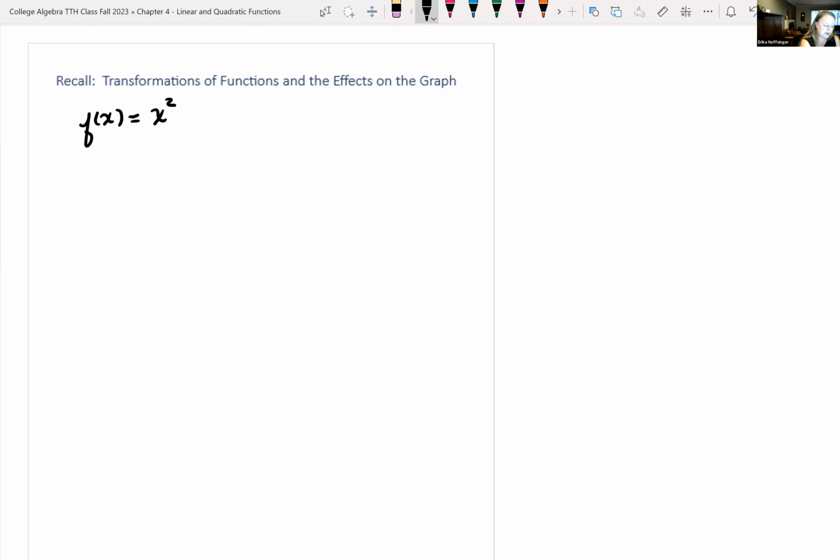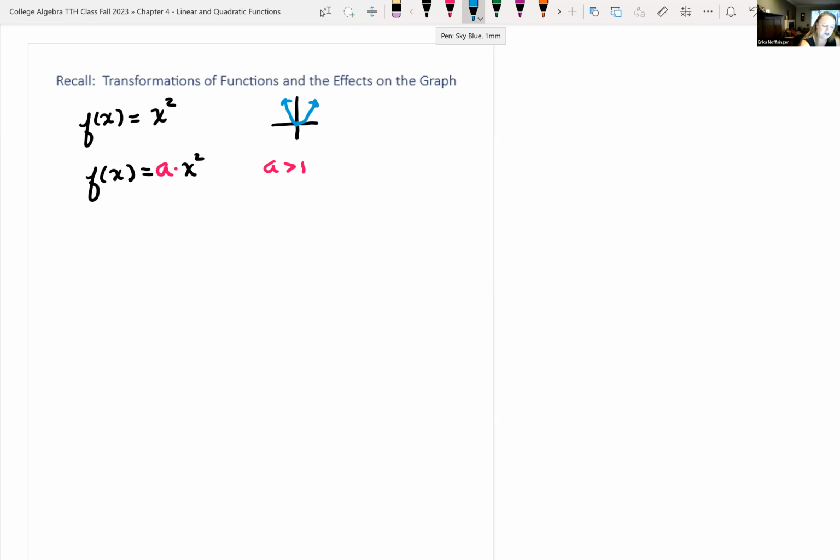For instance, if f of x was equal to a times x squared, and let's say that a was greater than 1, then that vertically stretched our graph of x squared. We know that our graph of x squared is a parabola shape. This point where it changes direction from decreasing to increasing is called the vertex.